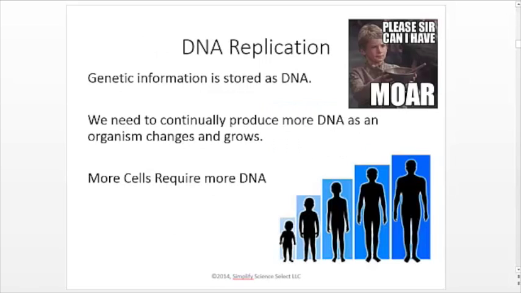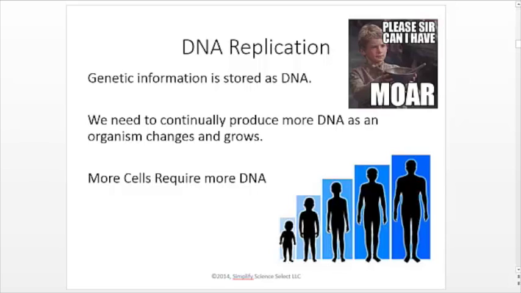So, in DNA replication, we know that the genetic information is stored as DNA. And we know that we need to continually produce more DNA as an organism changes and grows. I mean, just look from a small child to a grown adult.